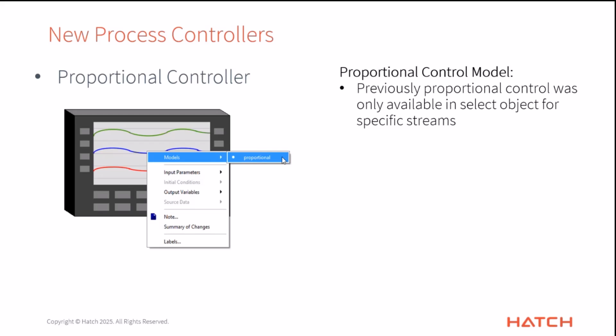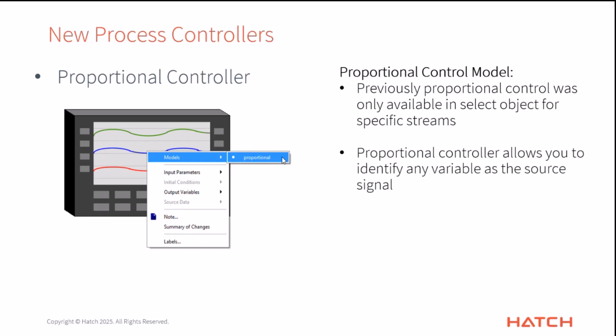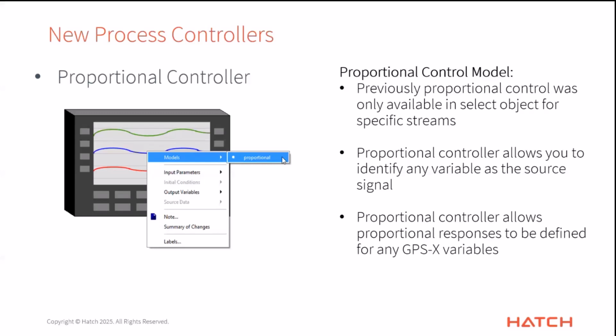We had included that there because it is a very common application, but by adding this object, we've expanded it out so that you can use the proportional functionality for any variables that you want in GPSX. So you can use any variable in GPSX to be specified as your control variable, and then you can use that control variable to specify the proportional value of any input controls in GPSX. You're not limited to just very specific spots, but you can pick anything that you want now.